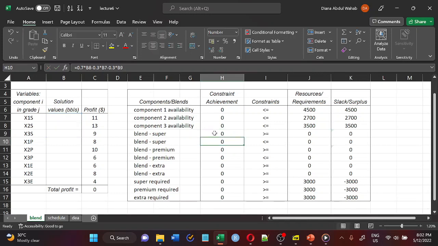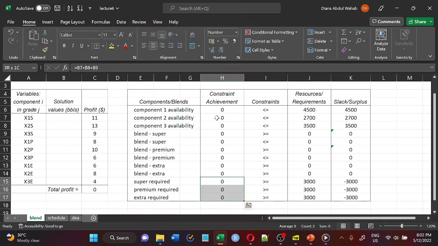For this one you cannot copy down because each of these will be different. This one is following the next equation, so you just follow suit. If it talks about x1s, then it should be here. If it's x3p, then it should be on cell B12. So you just follow suit with whatever equations you have derived just now.